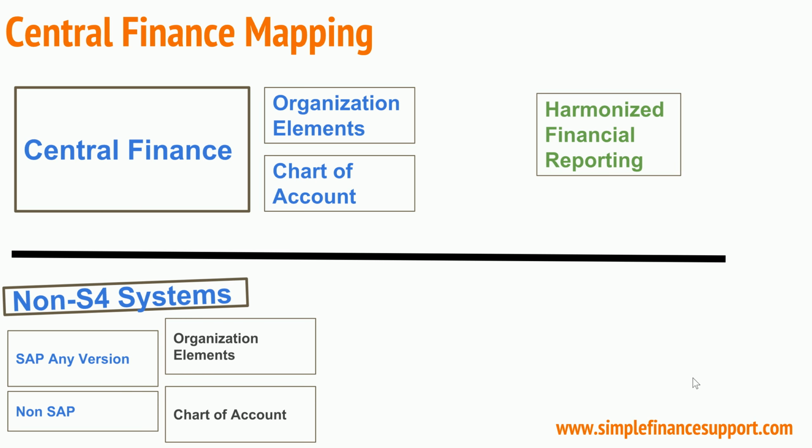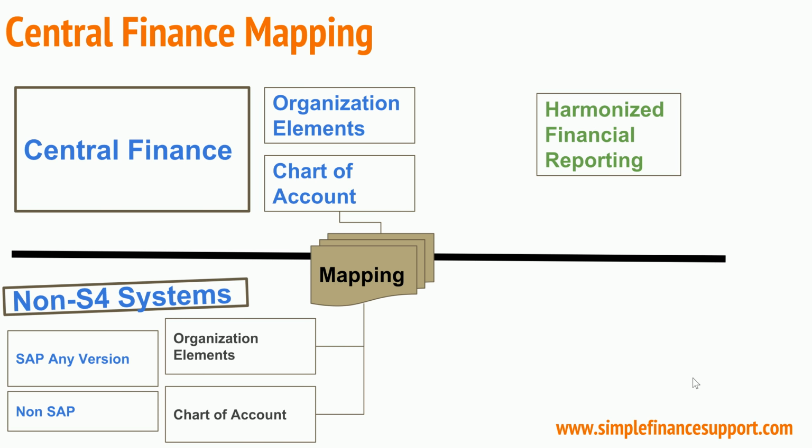Now when you are going to present that in a single way, the thing that is required is mapping. The major activity for implementation of central finance is the mapping exercise. You have to analyze the non-SAP system organizational elements and chart of accounts, how they are represented. Then you have to conduct a mapping exercise of source object to destination object.